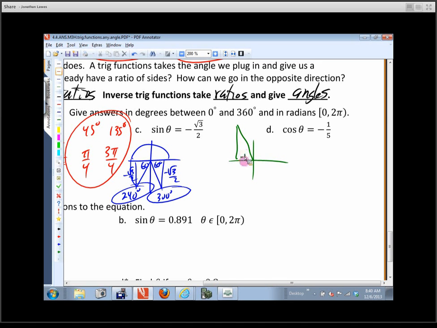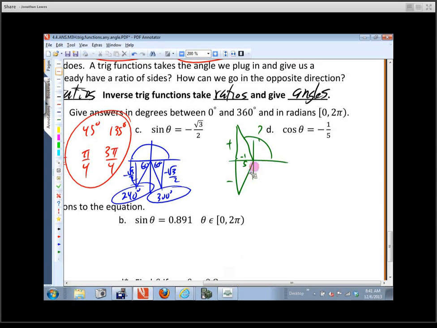This is negative 1/5. I need to find out what that angle right there is. Is there another place where I could draw a triangle that has a cosine, an x-coordinate, that's negative 1/5? Quadrant 3. Drop that right down here. It doesn't matter that this one's positive here and that one's negative there. Makes no difference at all because we're not talking about the opposite side.